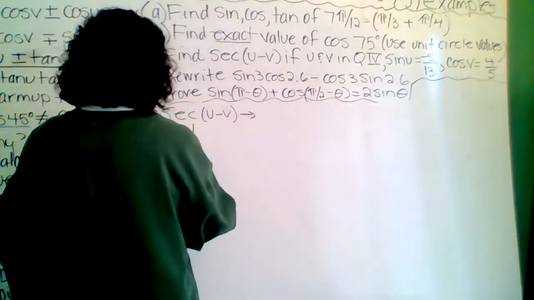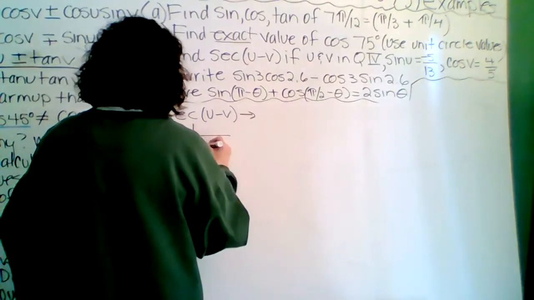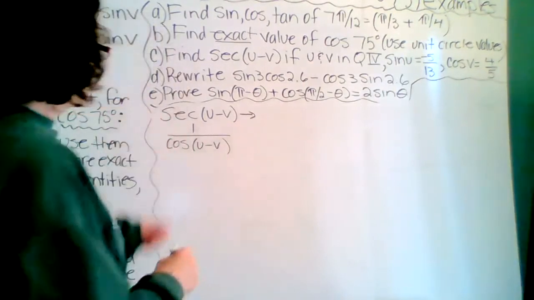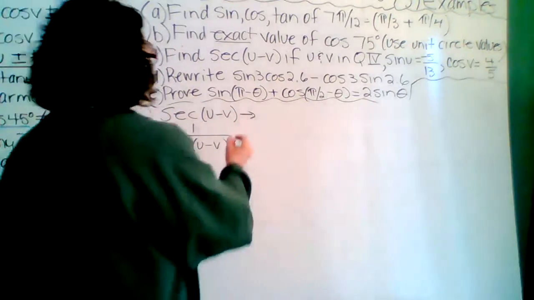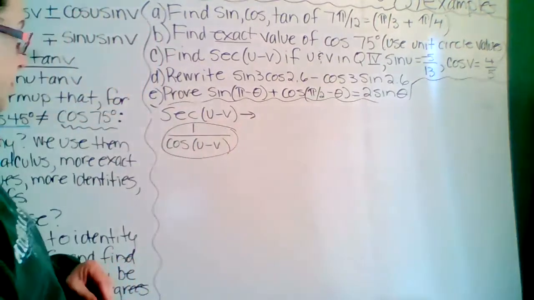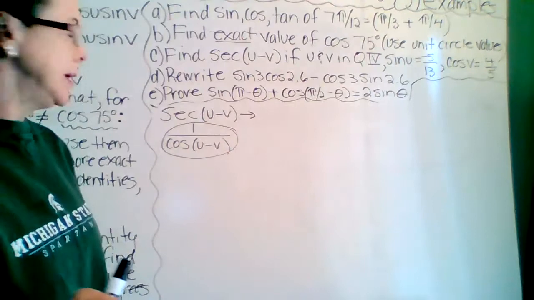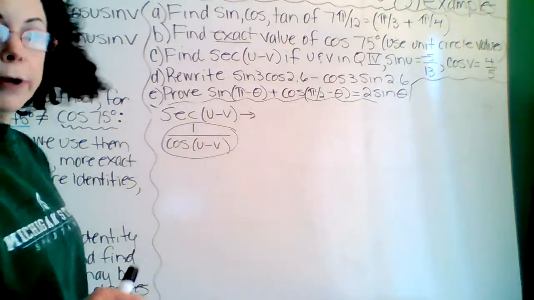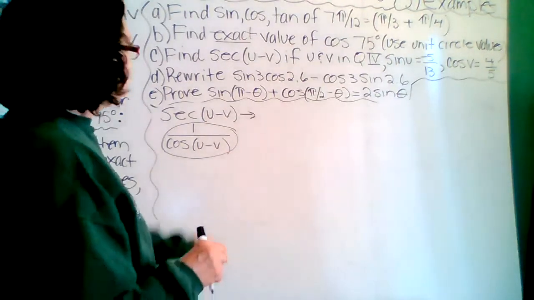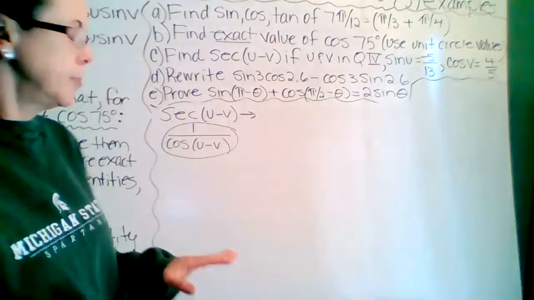So I'm going to do 1 over cosine of U minus V, because the reciprocal of cosine is secant. So my situation is that I have cosine of two angles being subtracted, so I know what formula to use, and then I'm going to take the reciprocal of it.